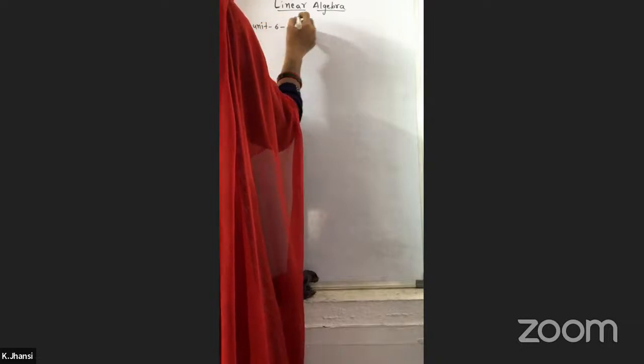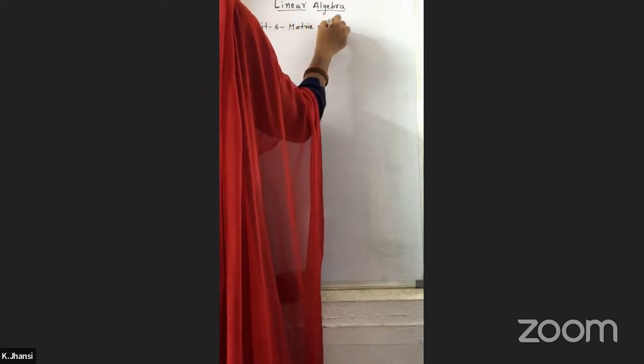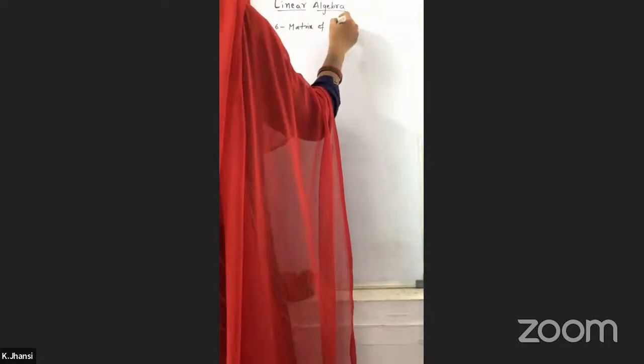Unit 6 is the matrix of a linear transformation.